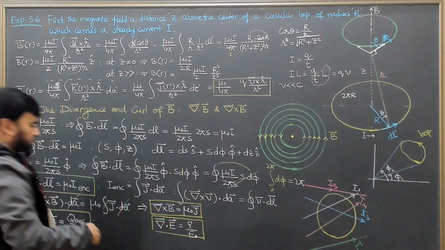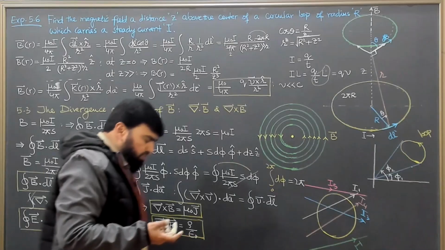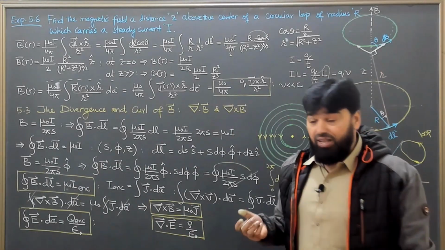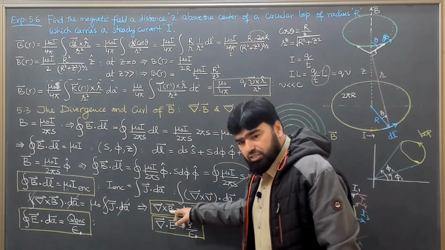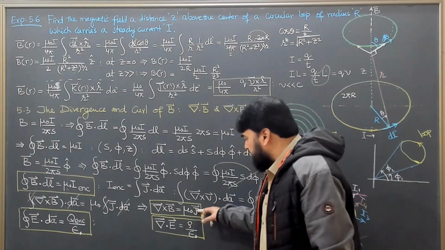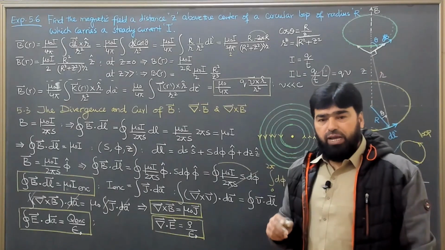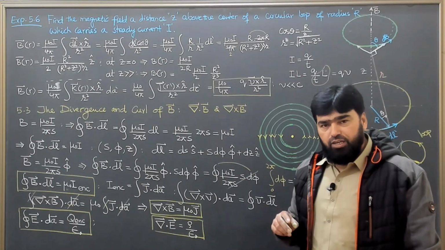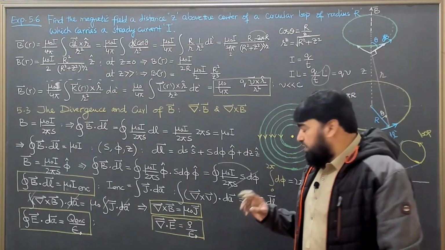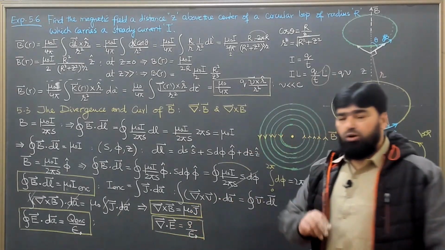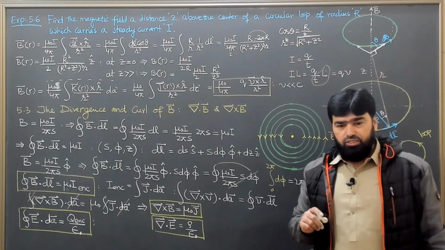From the analogies, from the symmetry, from the resemblance, we can see that the magnetic field curls, and how much it curls depends on the magnitude of the current density, and the electric field diverges, and it depends on the magnitude of the charge density.